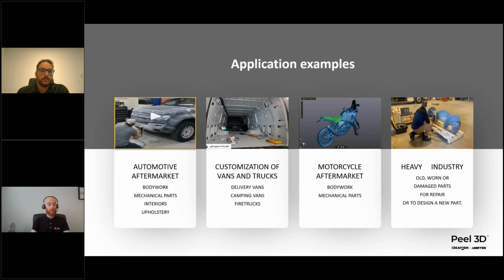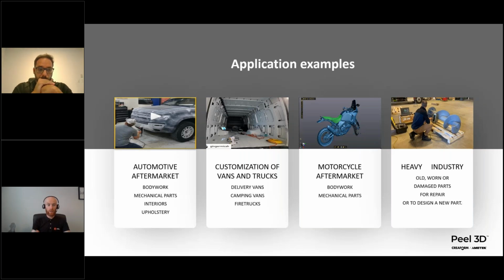Aftermarket automotive is probably one of, if not the biggest use case for Peel scanners, with a few different subcategories within it: bodyworks, scanning broken mechanical parts to create new parts, also interiors and upholstery. Customization of vans and trucks, so fitting out camper vans or delivery vans with bespoke storage or camper solutions.